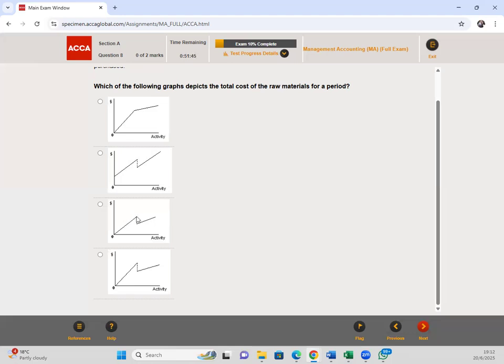The graph has fallen, yes, but if we extend that extension, it should come to the origin. If we extrapolate this one, it doesn't come to the origin. But this one, if we continue with it, it comes to the origin. So it's most likely C is the correct answer.